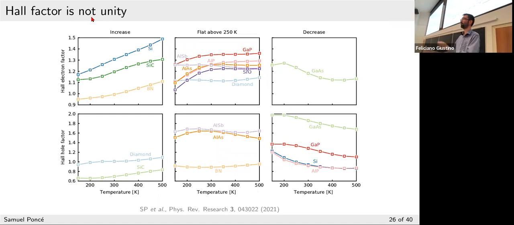If you really want to compare to experiment, you need to be careful to include it if it is a Hall measurement. You can see that it's also temperature dependent. For example, in some of those materials the Hall factor increases, in some it decreases, and in some it's relatively temperature independent, but still the value can go quite high. So it's important to compute the Hall factor, is the message.